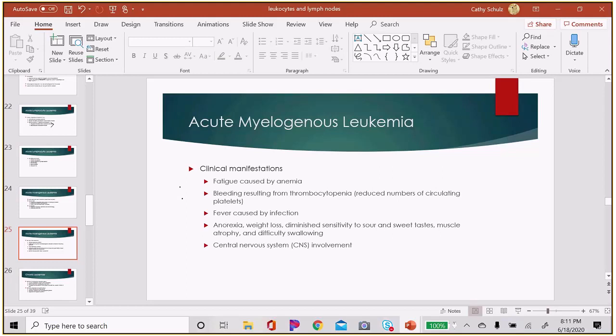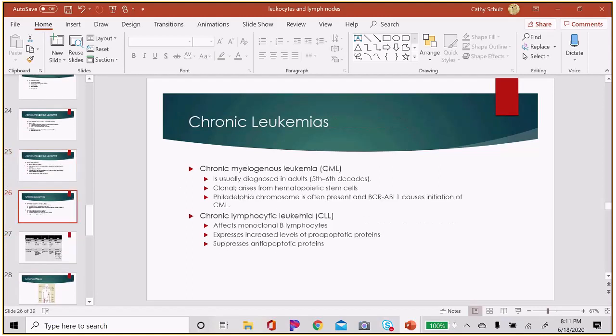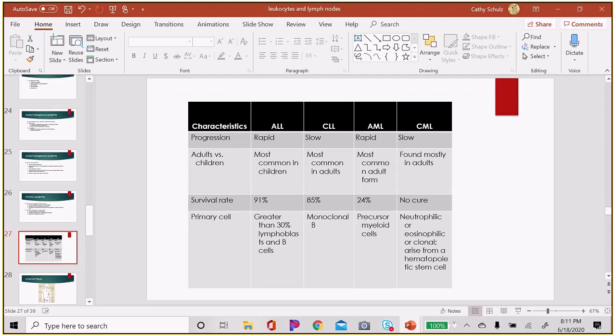Changes in weight because of the increased proliferation of cells that uses a lot of ATP, a lot of energy. And then these are the chronic leukemias. They're usually diagnosed later in life. They're affecting either the myeloid cells or the lymphoid cells. And this is just a slide to sum up the characteristics, progression, and primary cell type of the different leukemias.